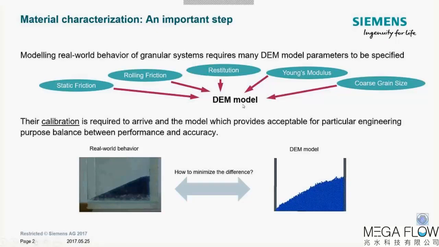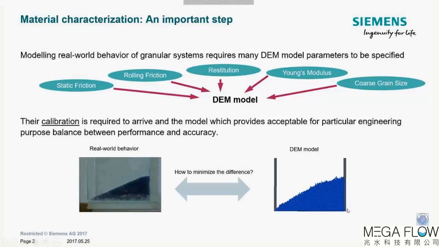And then immediately there is a need to calibrate those values so that the difference in the behavior of the collections of many particles would be minimized compared to the real-world behavior of granular materials.